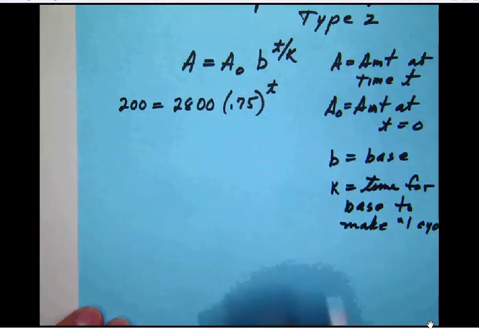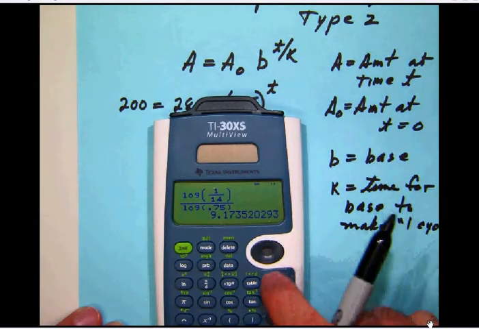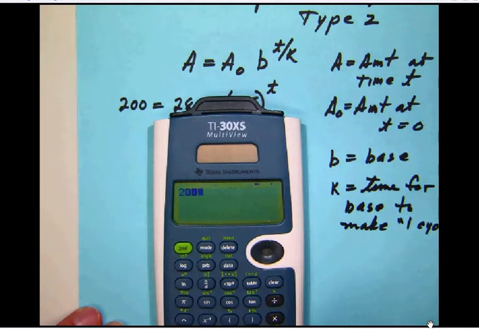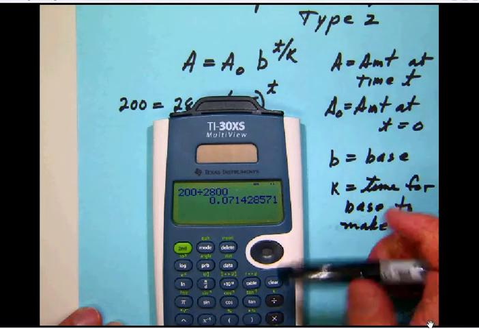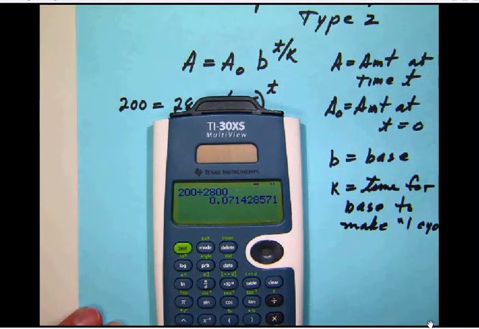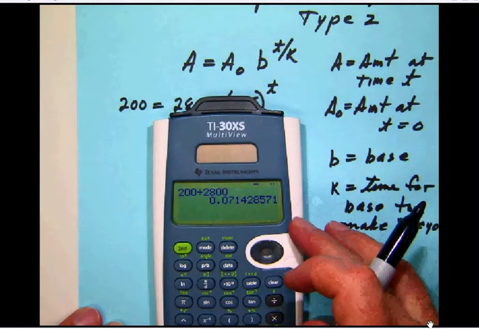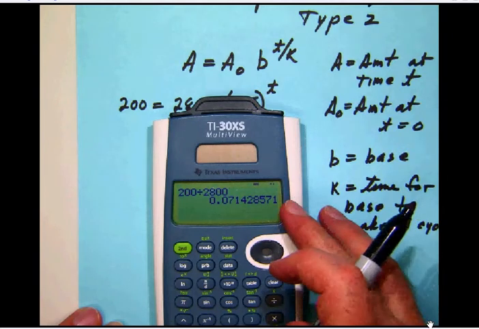If we grab our calculator, we have 200 divided by 2800. Notice that this is a nasty decimal that we'd have to keep track of. Here's one of my favorite ways of dealing with this. Often these decimals come out infinitely long, and if we go with this value, it's been rounded at some place.